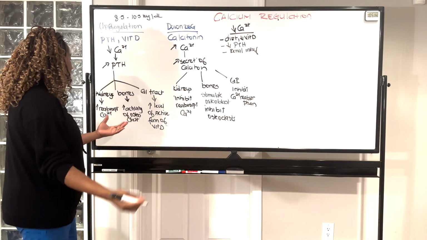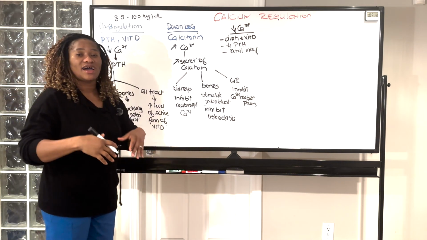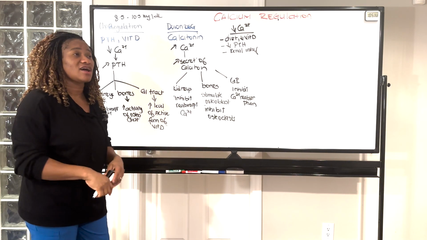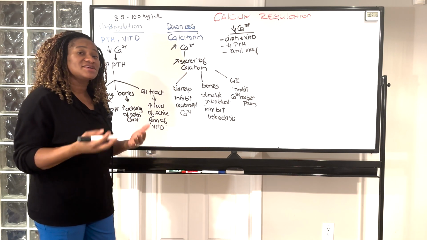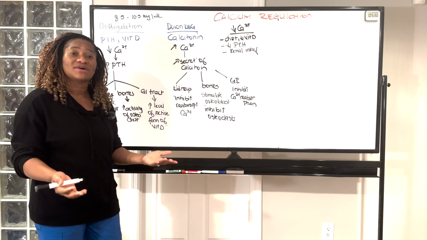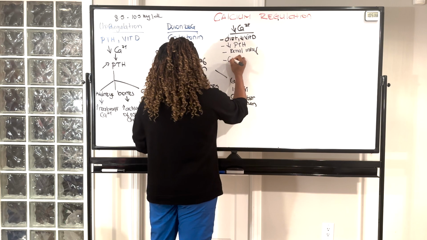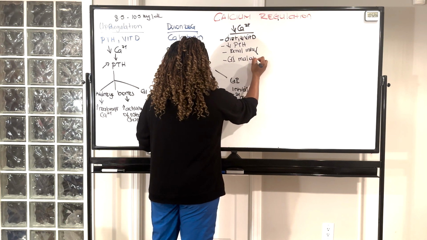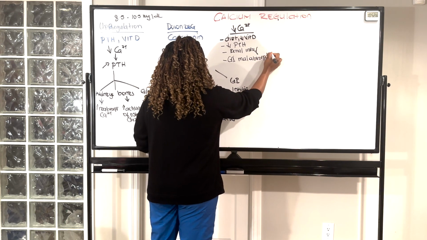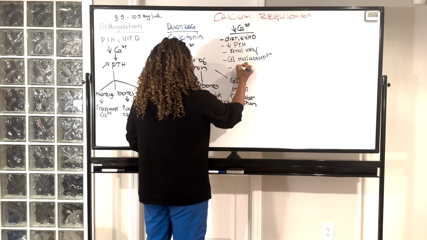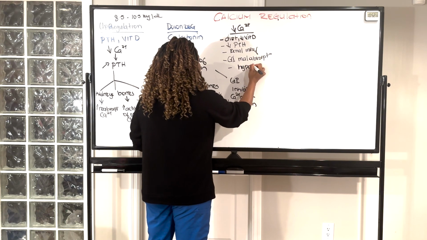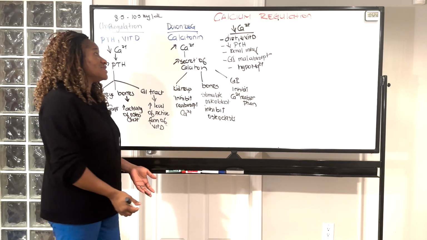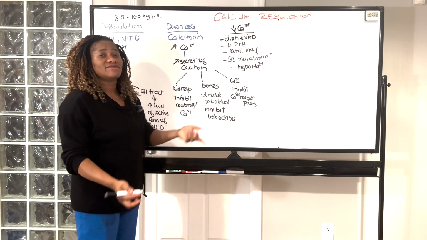If we have our GI tract, if we have like malabsorption syndrome, like everything we eat just flush out and stuff like that, we can also have a decrease in our level of calcium. GI malabsorption. Now I want to say also, if we have hypomagnesemia, if we have low magnesium in our body, this could also decrease the level of calcium.